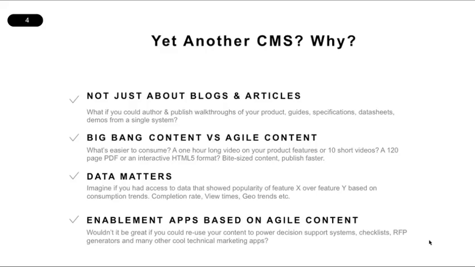One of the other parts of the CMS is big bang content versus agile content. We have anecdotally seen evidence of people using a really large PDF, sometimes in the range of 500 to 600 pages, and trying to measure the success of such a large PDF. Sure, number of downloads is one success factor, but do you know how much of that content someone has read?